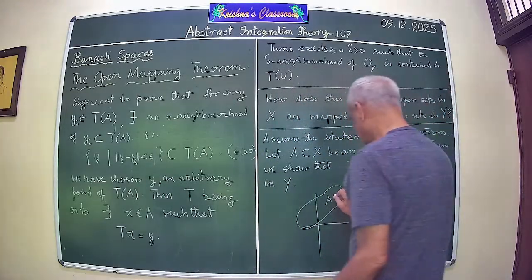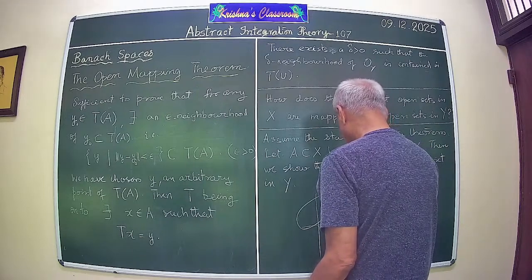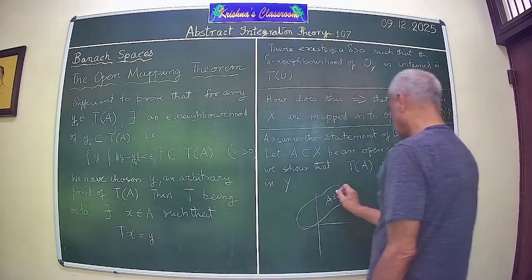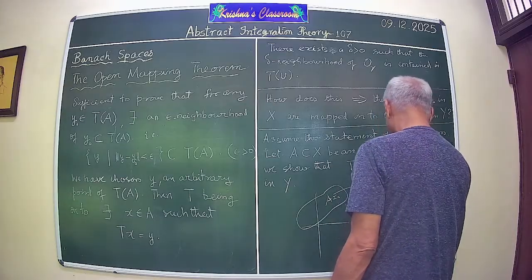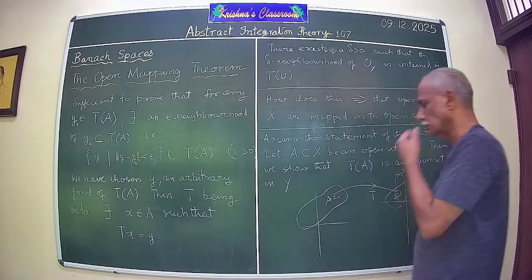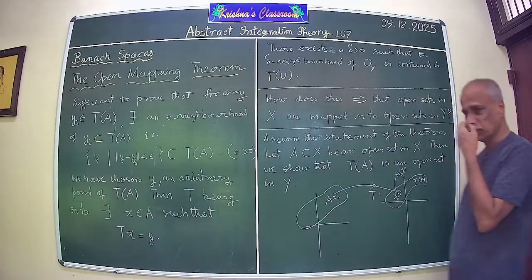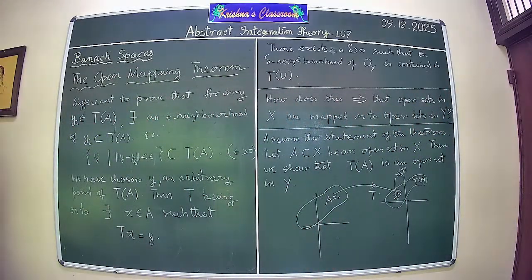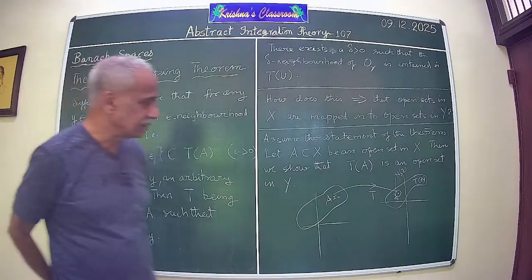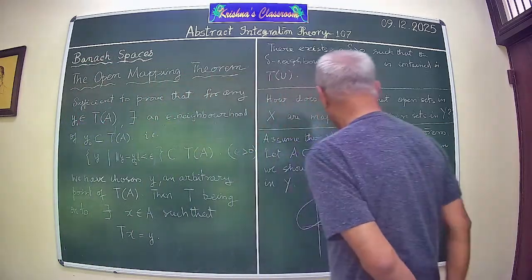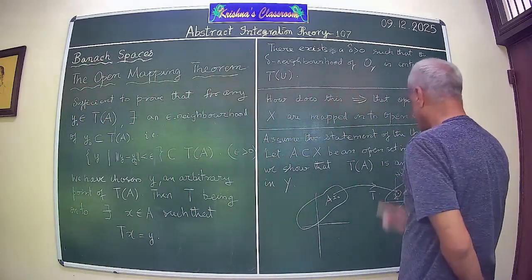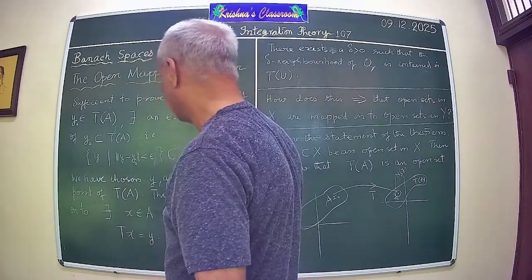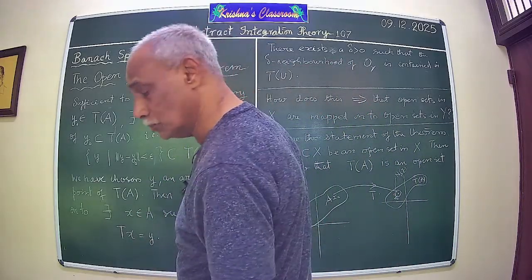So then there is some x naught here, so that x naught is mapped to y naught. That is clear because it follows from T being onto. Now we have to show that there exists an epsilon neighborhood of y naught which is completely contained in T A. We can use the statement of the theorem that we have assumed.